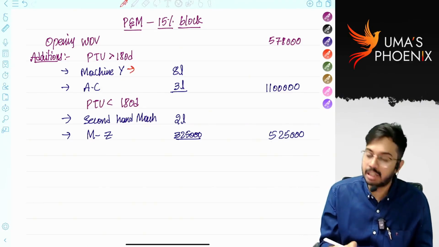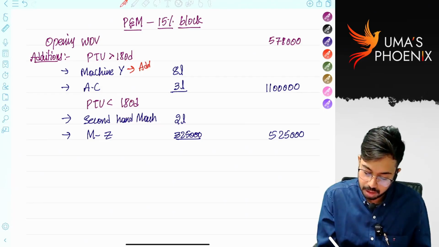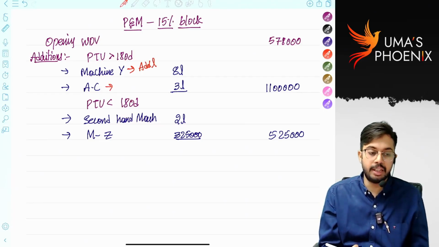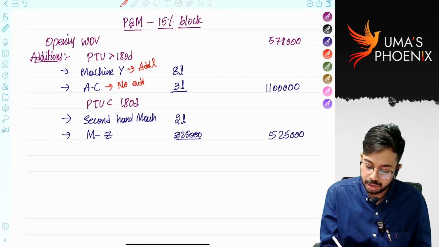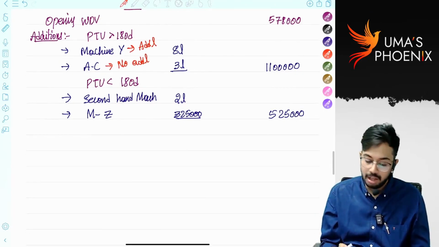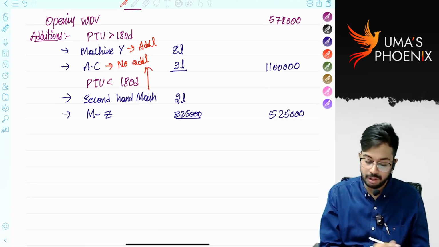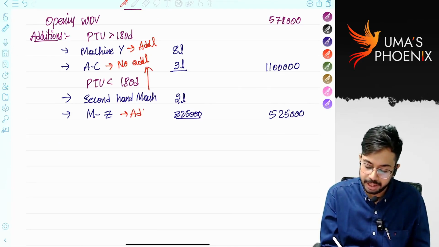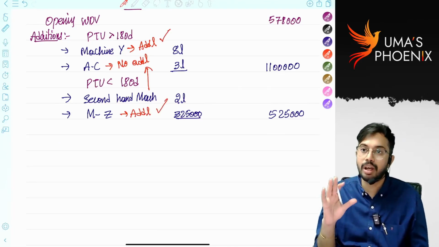Machinery Y, is it eligible for additional depreciation? AC eligible for additional depreciation? Mark here only, so you will remember. Second hand plant and machinery, is it eligible for additional depreciation? Machinery Z, is it eligible for additional depreciation? Yes. Okay.